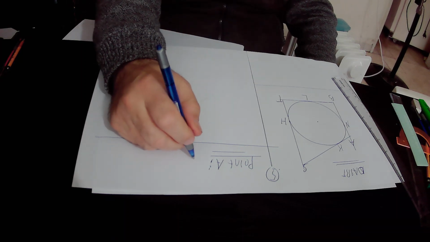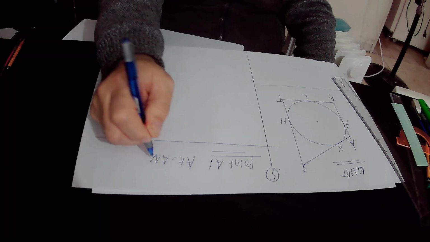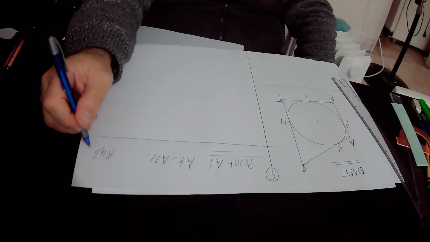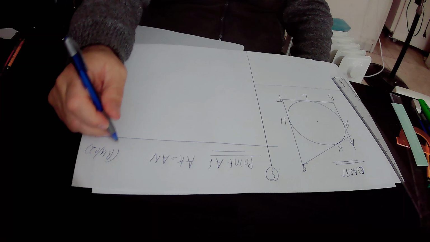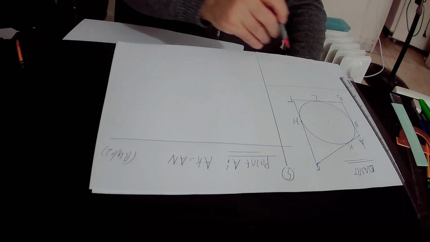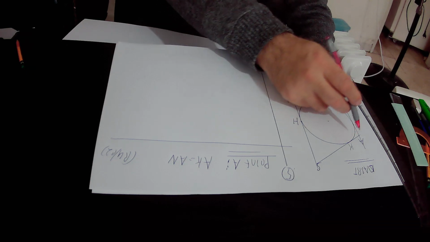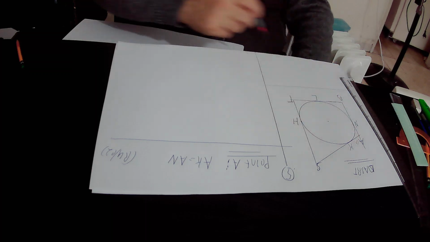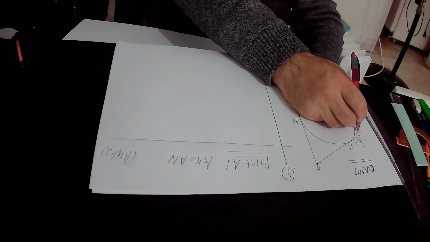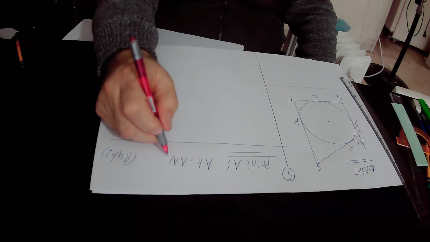So AK equals AN according to rule 2. So if we define the length of this tangent AK as a, then the length of tangent AN must also be equal to a because they are equal to each other. So in conclusion, we found out that AK equals AN equals a.